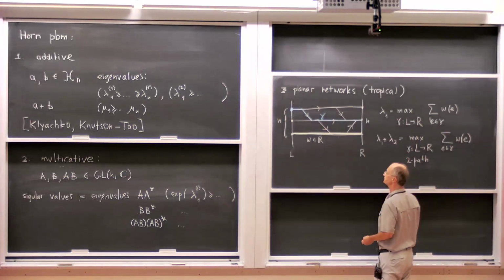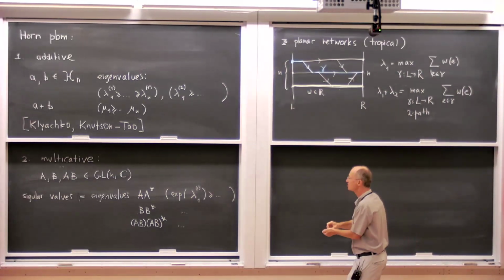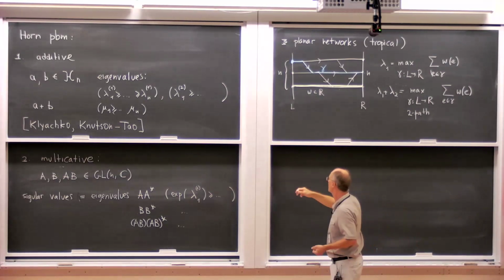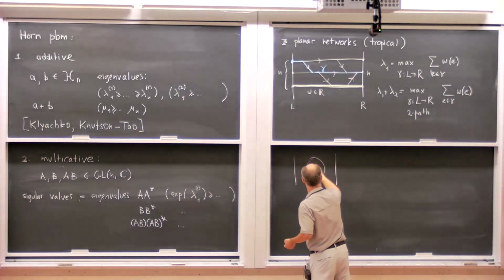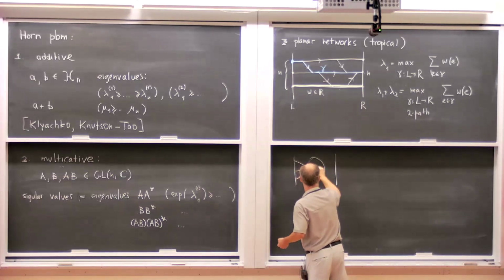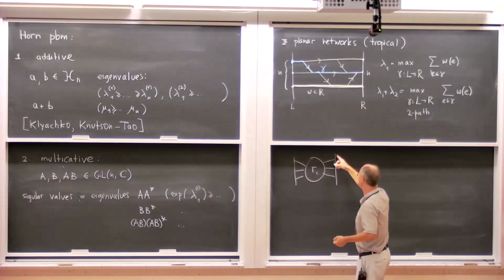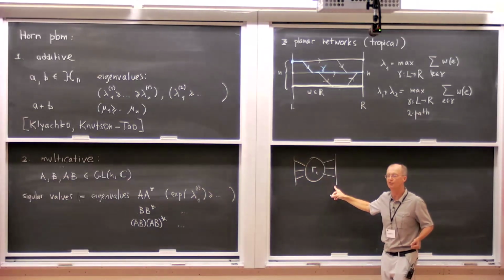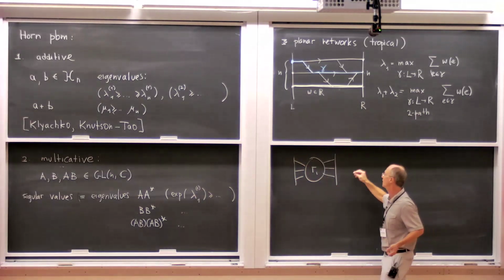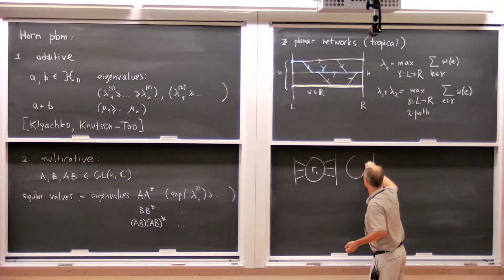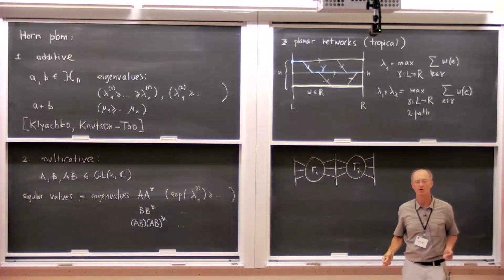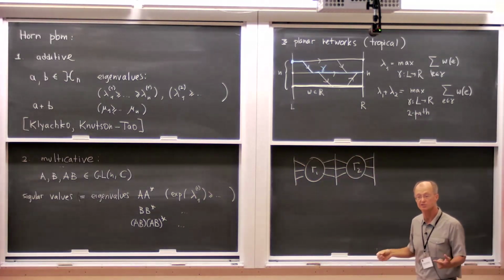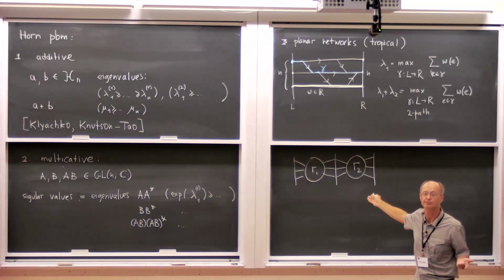Now, there is something which replaces the sum or product, and I can take two networks, and I can simply identify R of the first one with L of the second one. Right, so this is some kind of composition or concatenation of networks horizontally, and this is a new network.